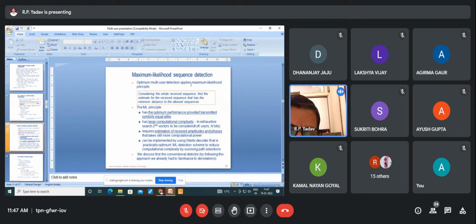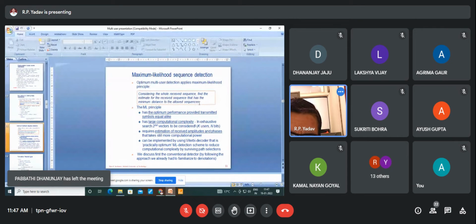If you use maximum likelihood sequence detection, then optimum multi-user detection applies the maximum likelihood principle. So what does it mean? Considering the whole received sequence, find the estimate for the received sequence that has the maximum distance to the allowed sequences. Understand? It's very simple.